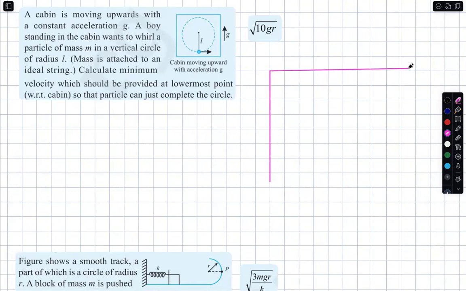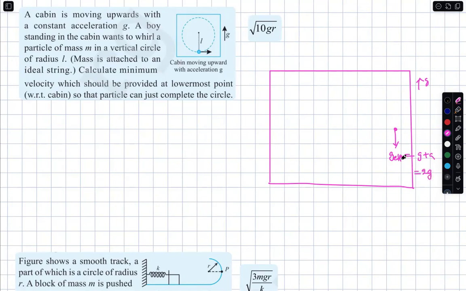What is g effective? For us it is g. For him, he is moving with an acceleration g up. So for him, g effective is g plus a, which is nothing but 2g. Now do the entire problem in his world.